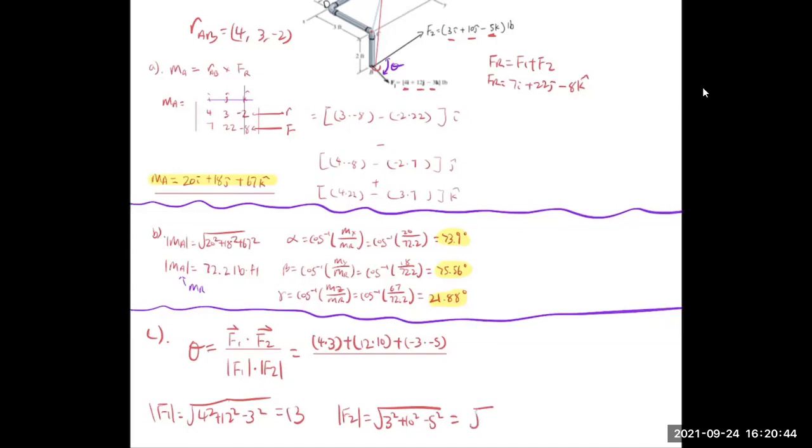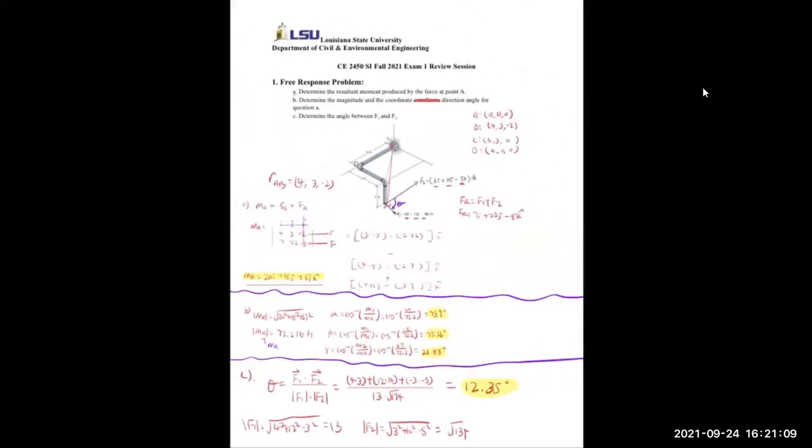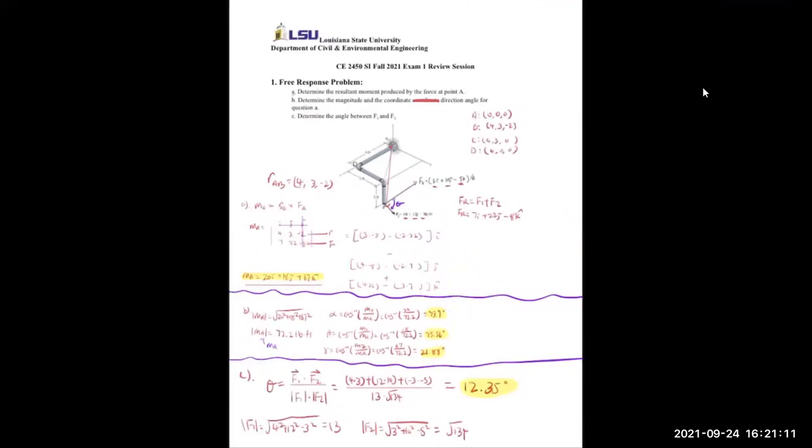And I get square root of 134 for that. Okay, so we know that it'll be 13 multiplied by square root of 134. Okay, and then do your calculation, you will get that theta will be equal to 12.35, 35, not 38, 35 degree. Okay, and that's for problem 1, and I'll see you in problem 2.